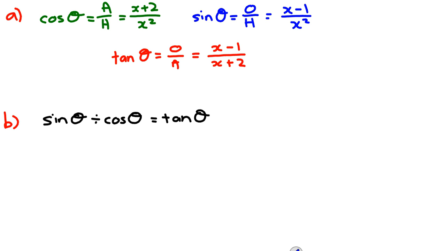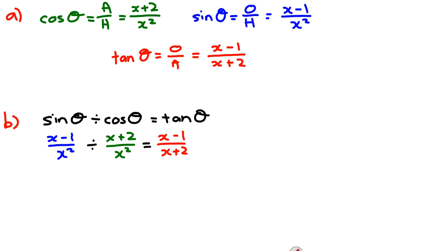So sine theta I've got in blue, that's x minus 1 over x squared. And let's divide. Cos theta, which I've got in green, cos theta is x plus 2 over x squared equals tan theta. Tan theta I've got in red, x minus 1 over x plus 2.